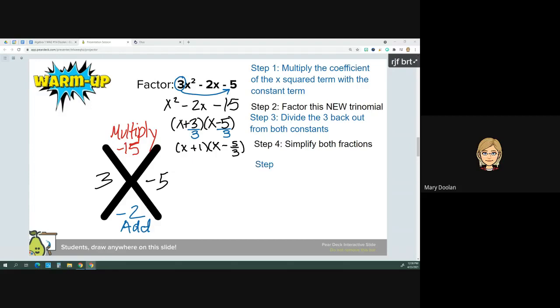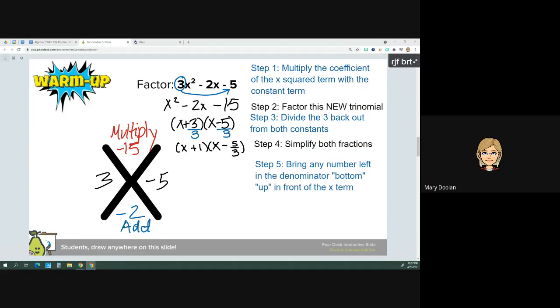Step 5. And this last step is why this method is called the bottom-up method, is that we bring any number left in the denominator, or in the bottom, and we bring it up in front of the x term on both of these, okay?